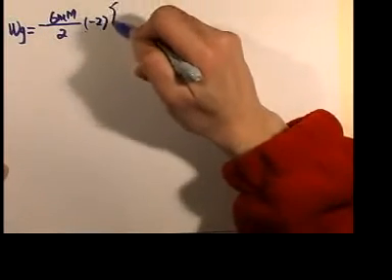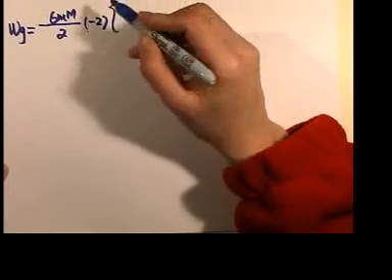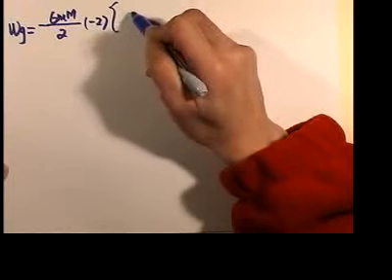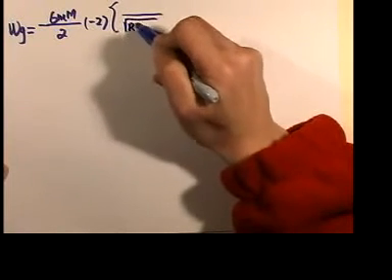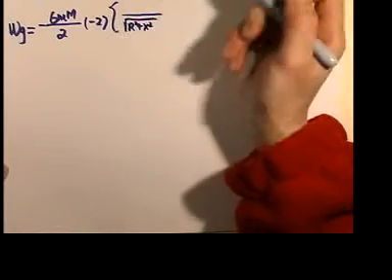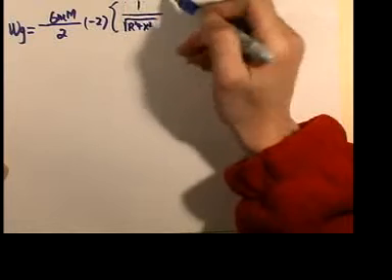And then we have (r squared plus x squared) to the negative 1/2.